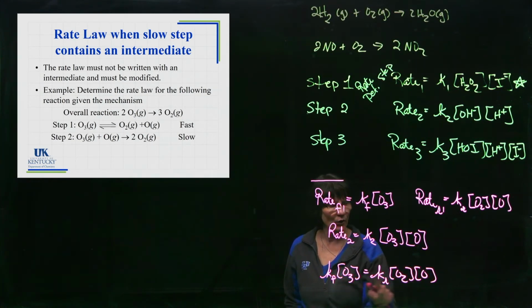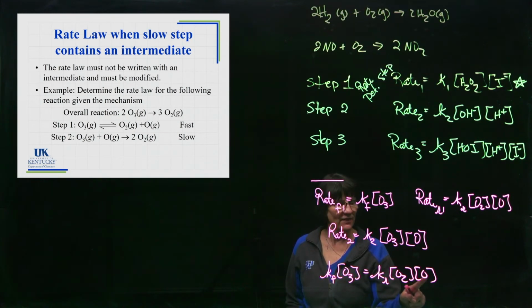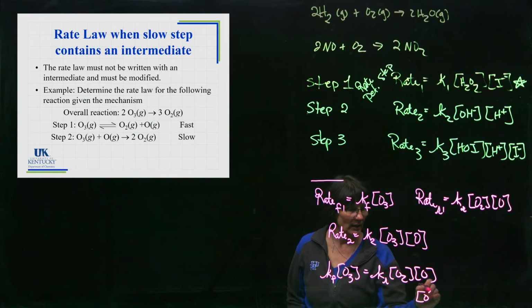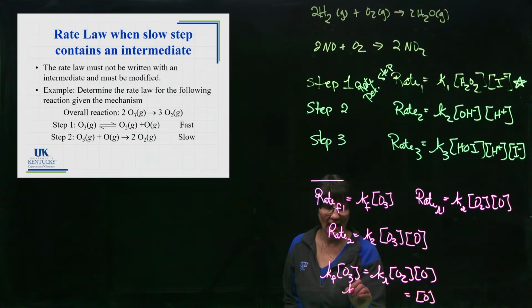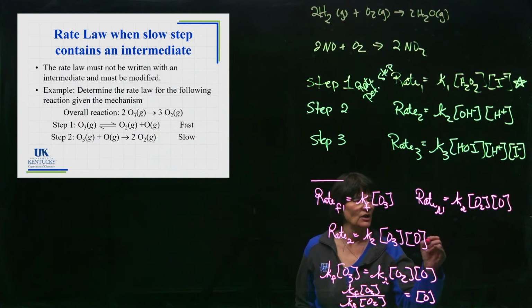So now I've got another equation that has an O in it, and this O, if I solve for it, looks like this. O is equal to KF O3 divided by KR O2. I have taken these over to this side. I can substitute in this O with all of this information into this equation.